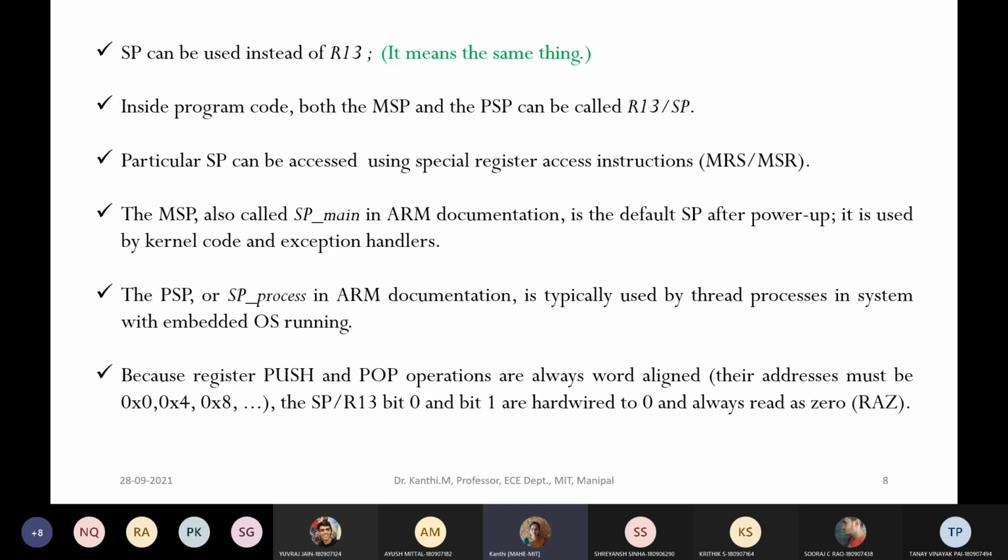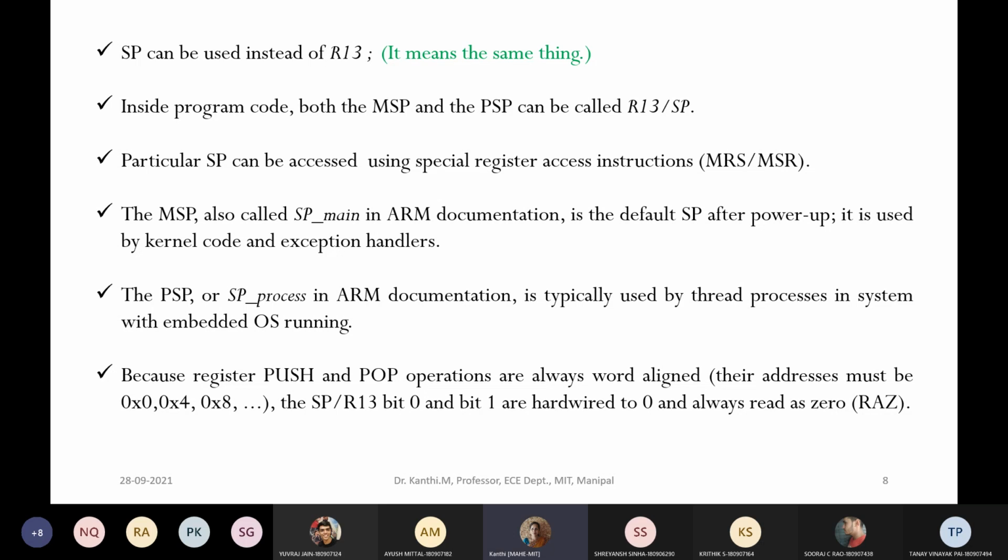A particular stack pointer can be accessed using the special register access instructions. If you want to copy that, you can make use of these special register copy instructions. Your main stack pointer is also called stack pointer underscore main in the documentation, and your process stack pointer is SP underscore process in your documentation.